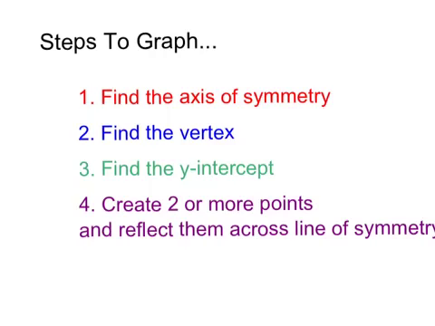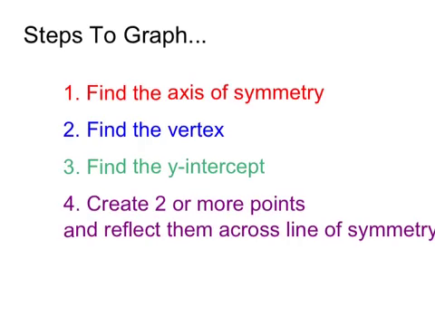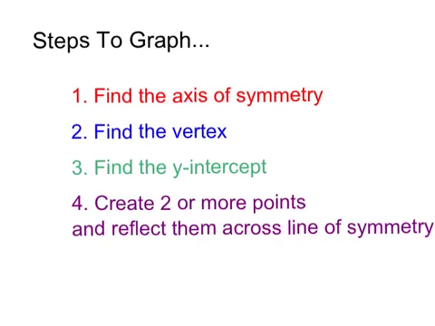Now we're going to talk about some steps to graph quadratic functions. Keep in mind that we could use a table of values. There's nothing wrong with a table of values, but it doesn't necessarily give us the best description of what the graph will really look like, because we're only looking at plain points, and we could potentially draw the wrong kind of line.